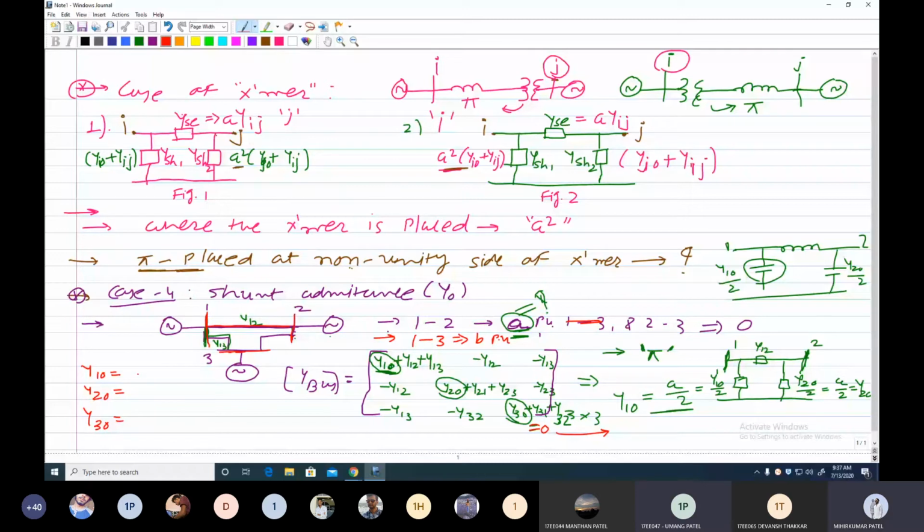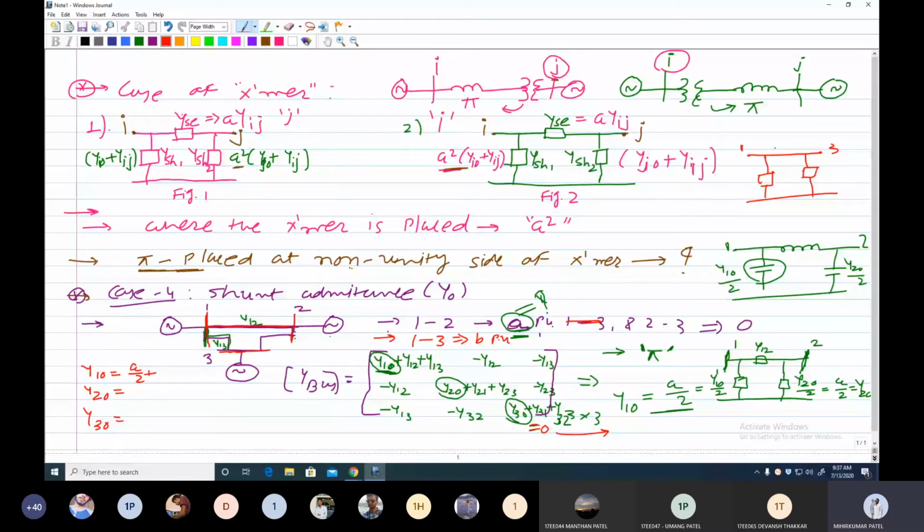A by 2 plus B. Very good. It is A by 2 plus B, not B. Again, we have to derive. Let me draw the figure for bus number 1 and 3. This is your 1 and 3. This is the shunt admittance offered by transmission line 1 and 3.